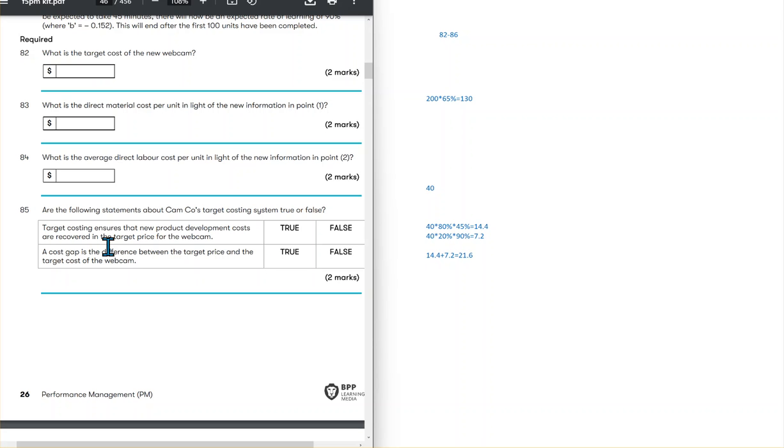So the second one is false. The first one: target costing ensures that new product development costs are covered in the target price for the webcam? Development costs would have already been incurred by us, so it is not something that we will include in our target price. And it is not assumed that they will cover it, even if we include it. It depends on having a right estimate of the total quantities, so it is not 100% that those costs will be covered. So this is also false.